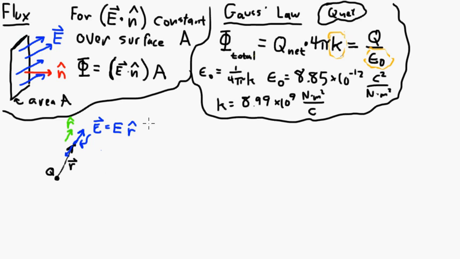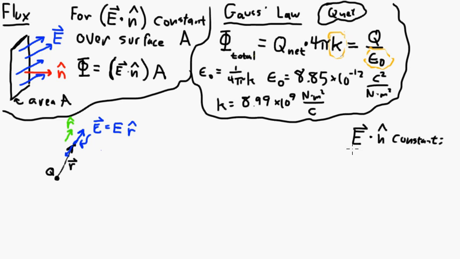Okay, great. So now that we've got that out of the way, we've narrowed down the directions this can point. We want to pick a surface to wrap around this charge, and we want a surface where E dot n hat is constant. So let's look at what the possibilities are. I'm going to write this over here: we want E dot n hat, not n vector, n hat, to be constant.